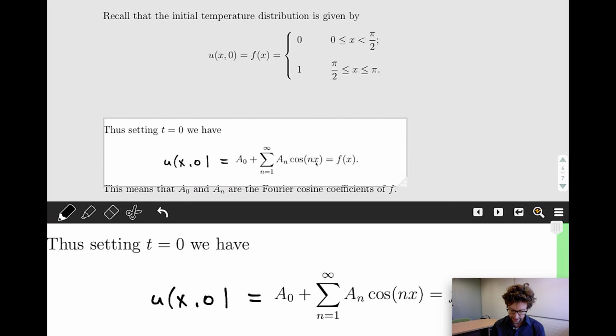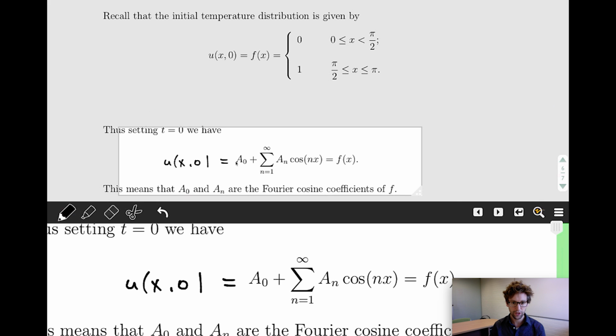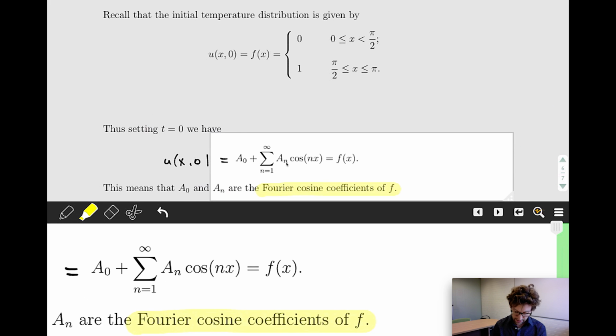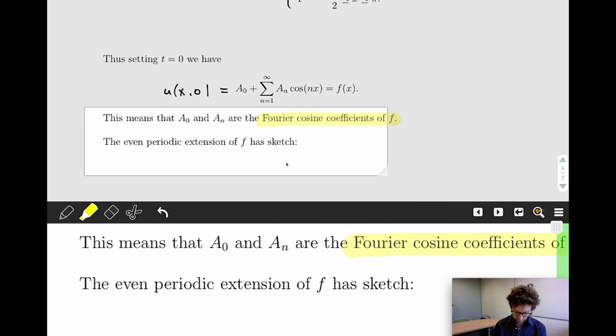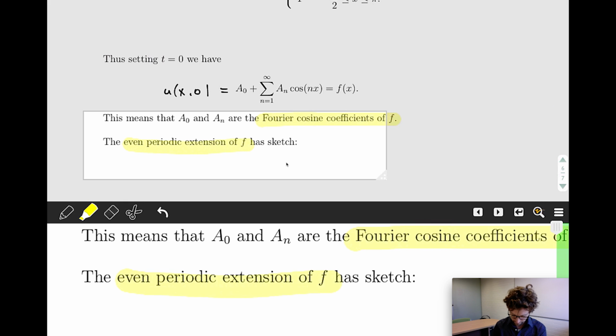So we can immediately see that the coefficients a0 and an are going to be the Fourier cosine coefficients of f. But of course f of x is not a periodic function. So I need to take the periodic extension, and since I want to end up with a cosine series, that is an even series, I'm going to look at the even periodic extension of f.